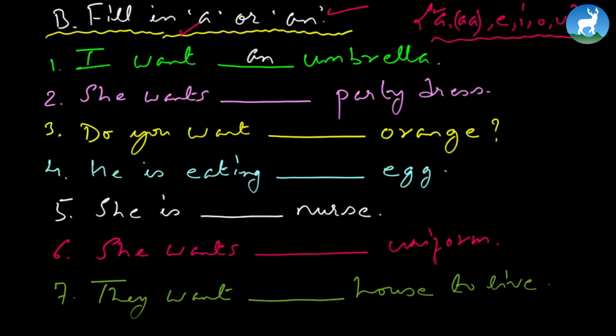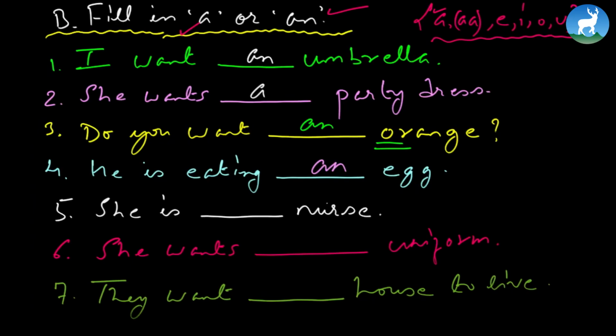The next is very easy: she wants a consonant sound. She wants a party dress, any dress. Do you want an orange? Because the very beginning sound is a vowel sound, an goes with it. Do you want an orange? Again, he's eating an egg.